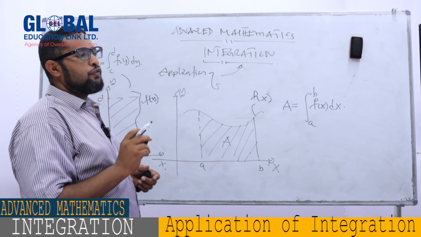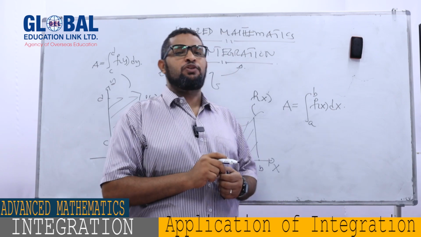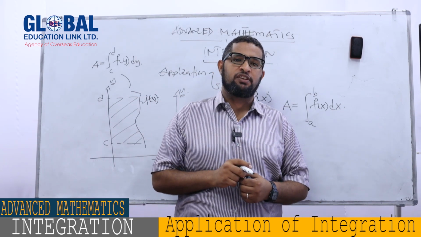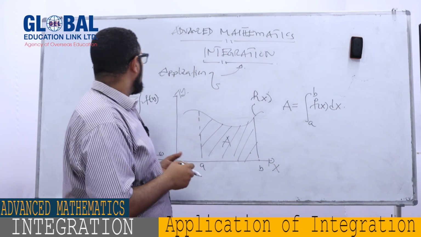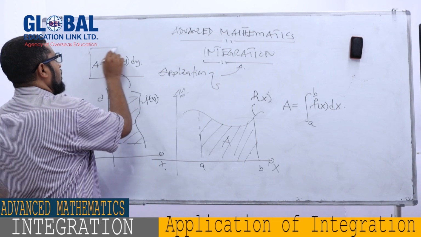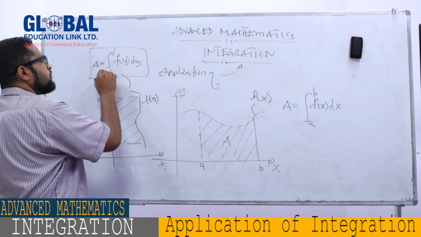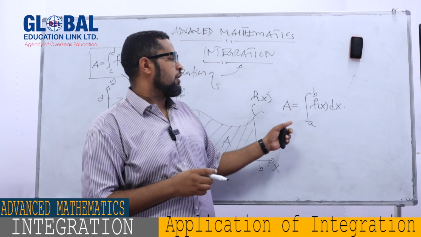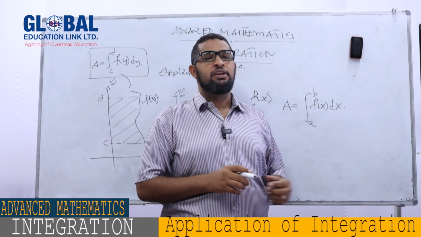These are the two formulas which are very crucial and that you're supposed to remember before you go in your examination. Now, where do we use the area formula integral from C to D of f of y dy, and where do we use the one of f of x dx?